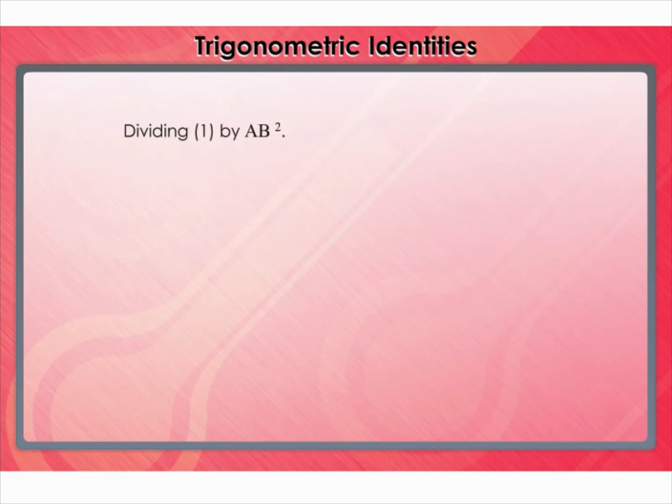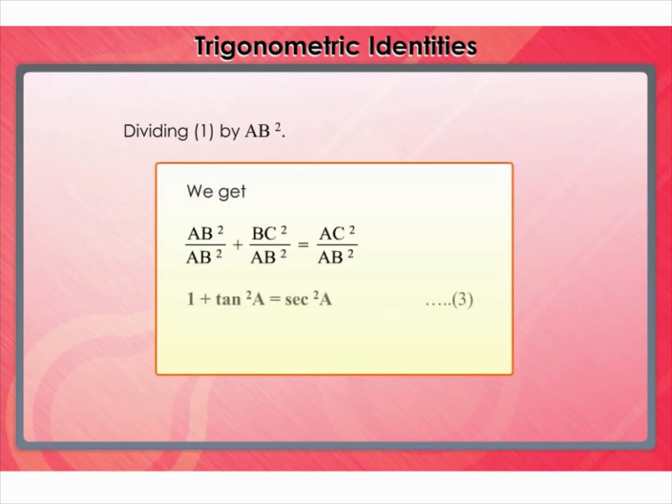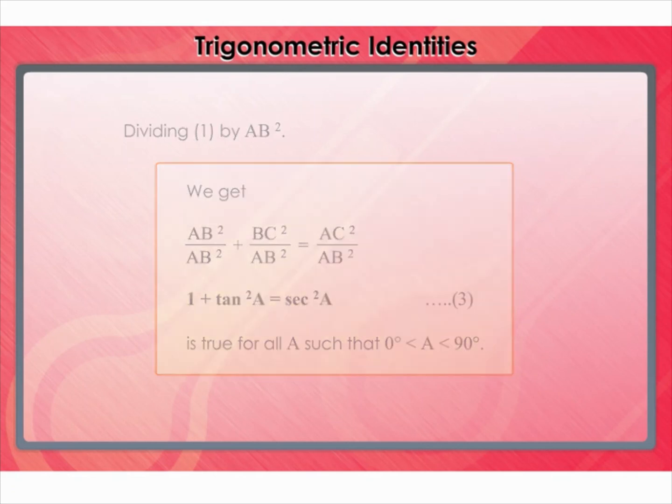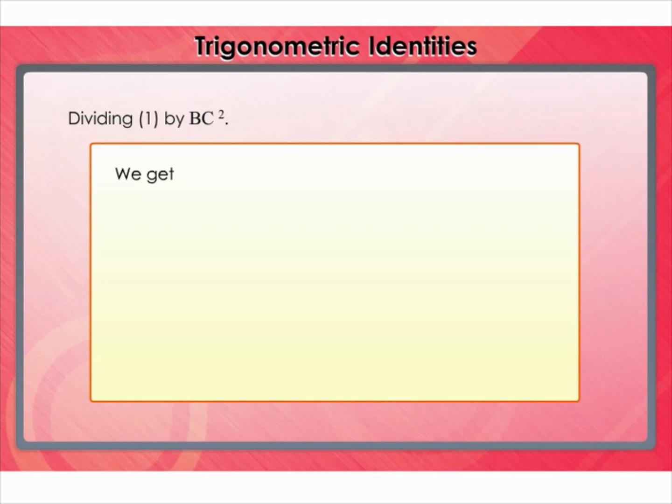Let us now divide by AB squared. We get. Let us now divide by BC squared. We get.